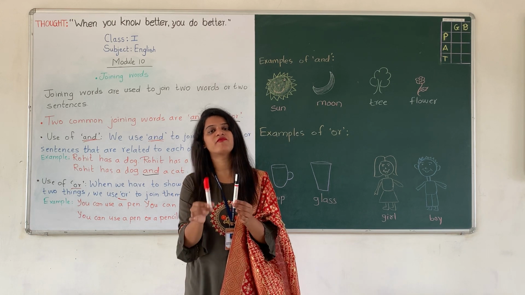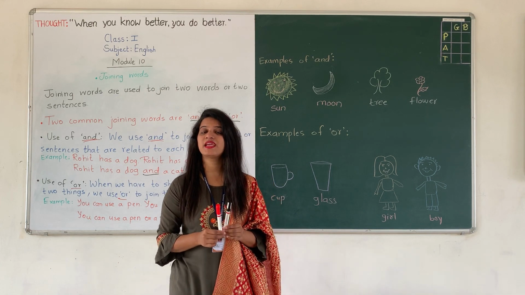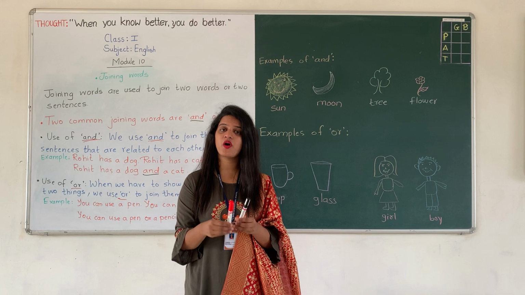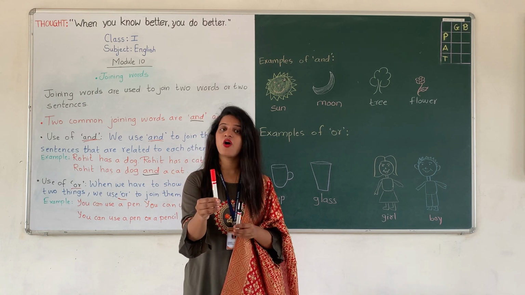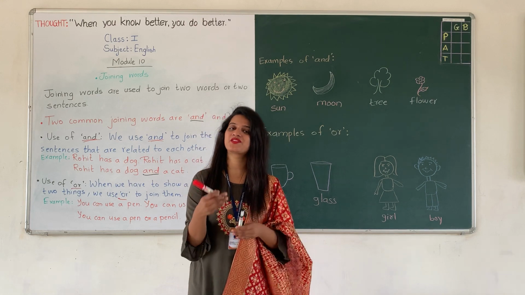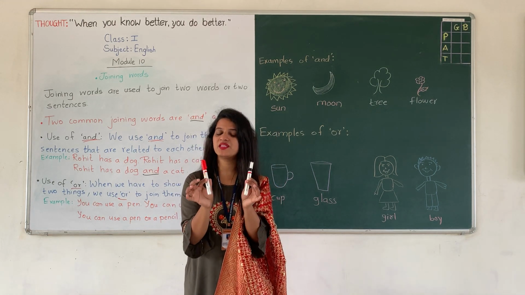So that you can give 1 marker to your friend. So what can you say? You can ask your friend, do you want a red marker or a black marker? Then he or she will make a choice between these 2 markers.